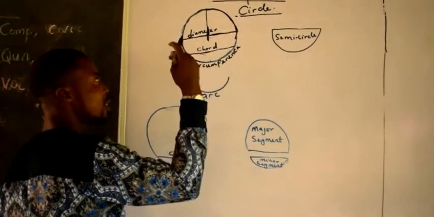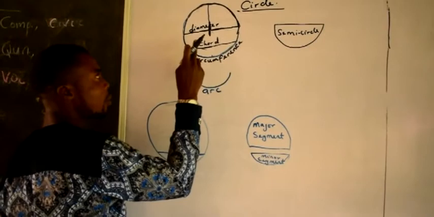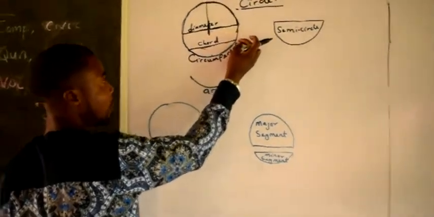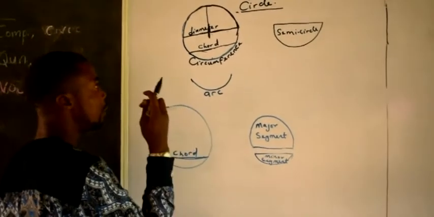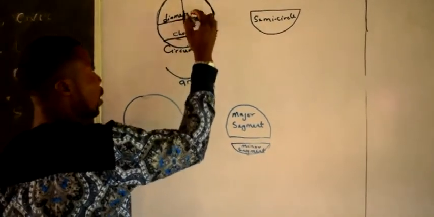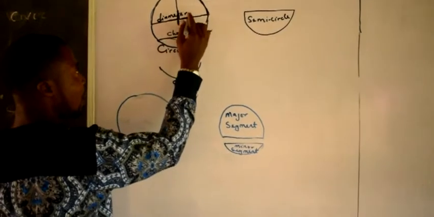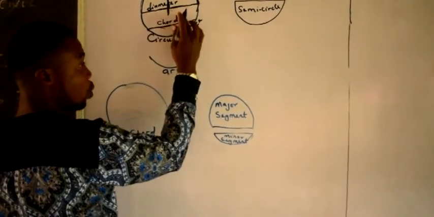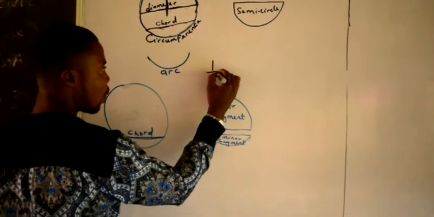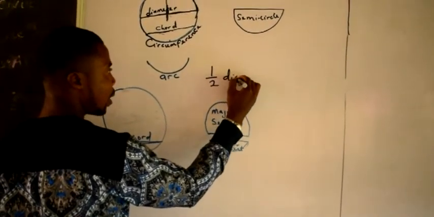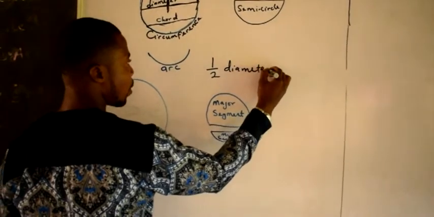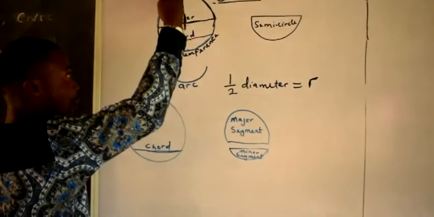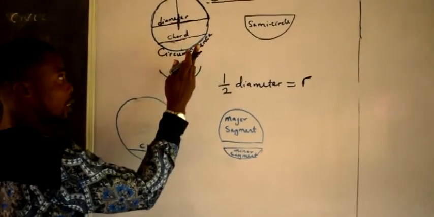So long as it comes from the center of the circle and touches the circumference, it is called the radius. If you look at it, half of our diameter is the radius. Half of the diameter is the radius. If you divide the diameter into two, that is when you get the radius.